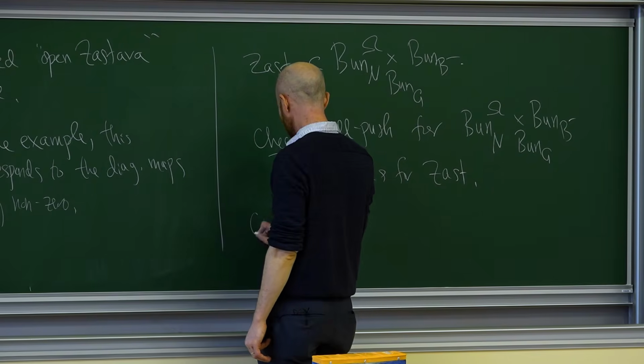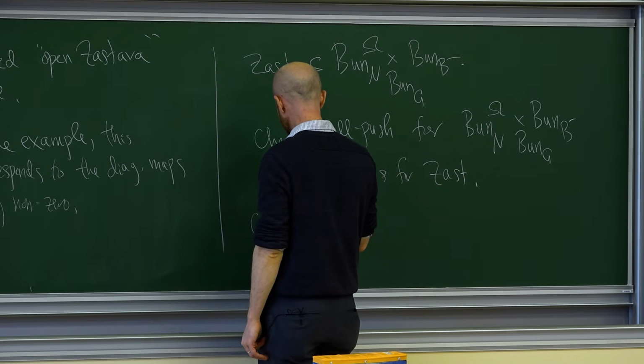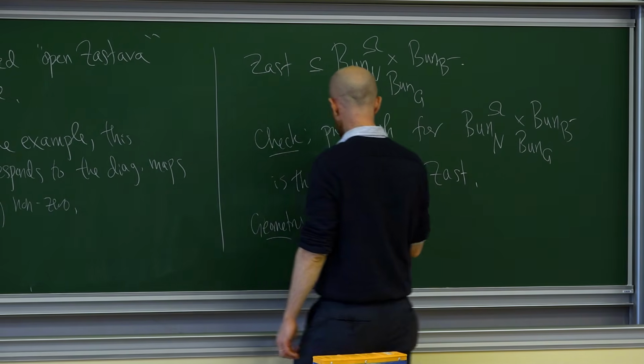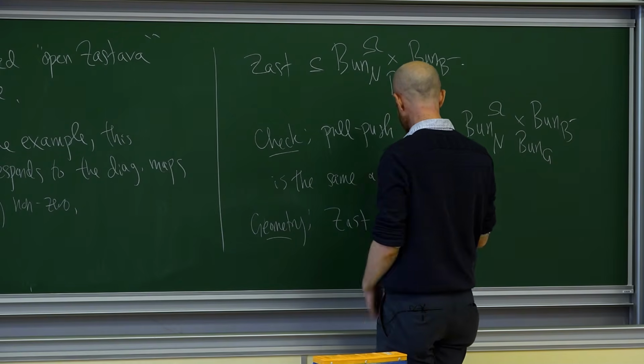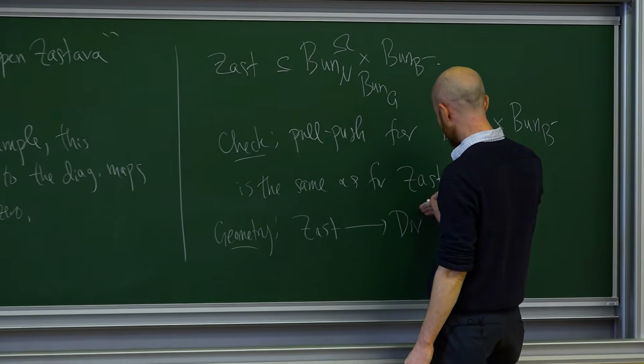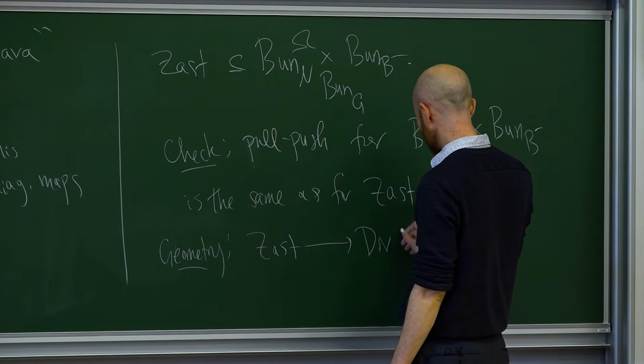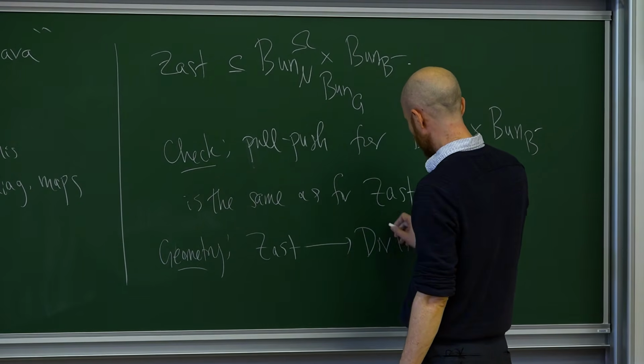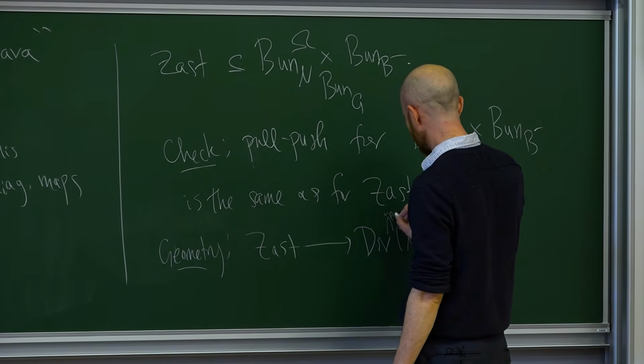So then there's a little bit more geometry, which is that this Zastava space actually maps to some kind of space of divisors. So let me say Div X for lambda check pos.